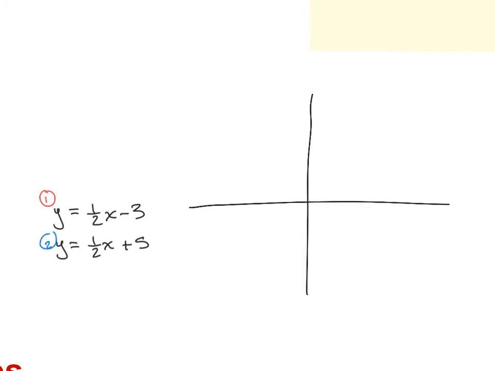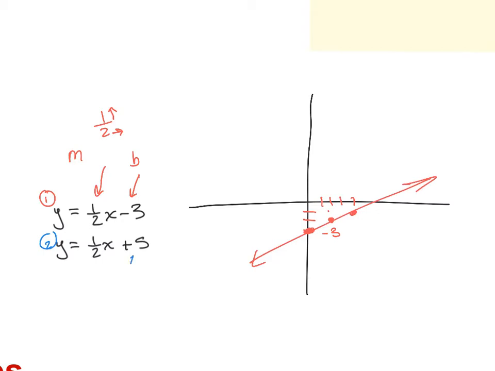Line 1 would cross the y-axis. The y-intercept is -3. The slope is 1/2, which means you go up 1 and to the right 2. So from -3, you would go up 1 and to the right 2. This would be the graph of line 1.